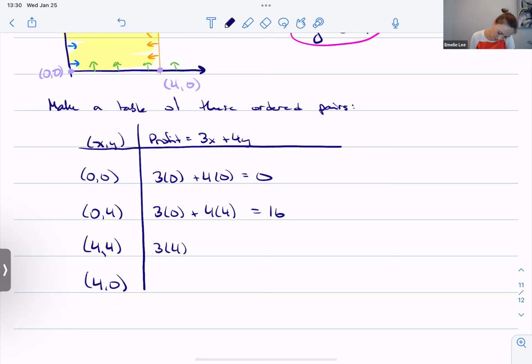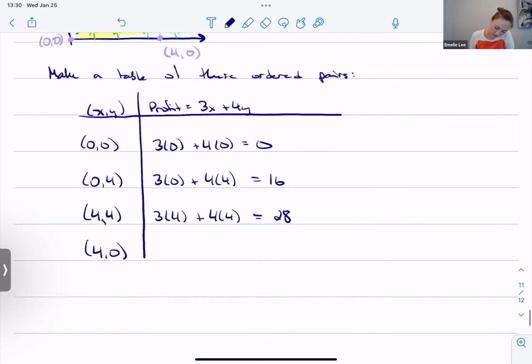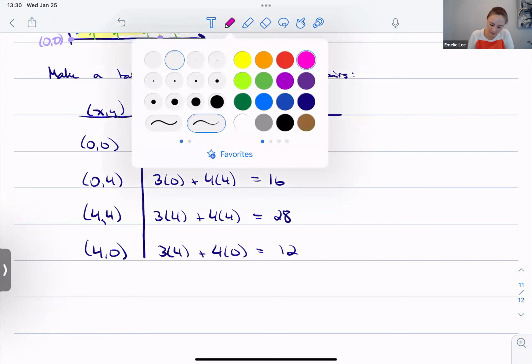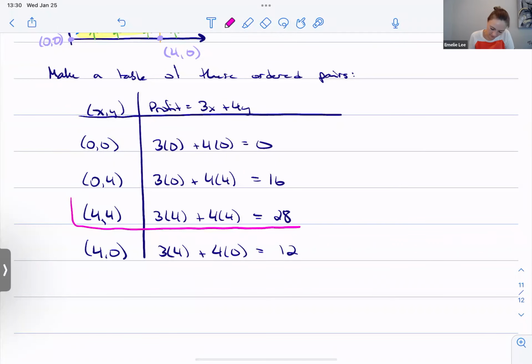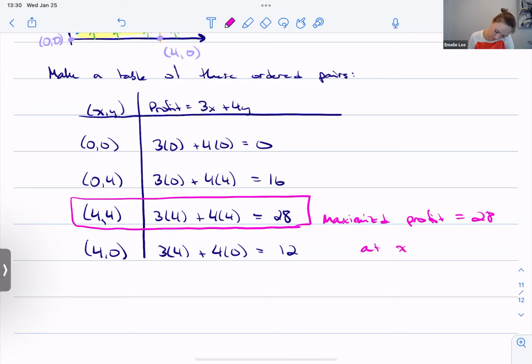3 times 4 plus 4 times 4. Hey, that sounds great. 16 plus 12 is 28. And then 3 times 4 plus 4 times 0 is 12. So the maximized profit is 28 at x equals 4 and y equals 4.